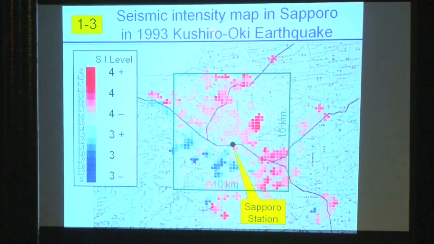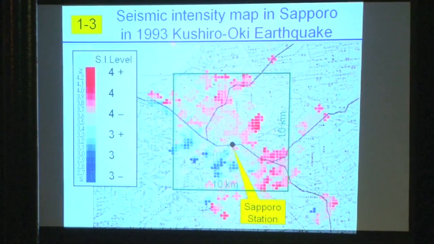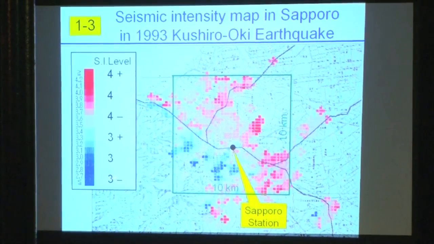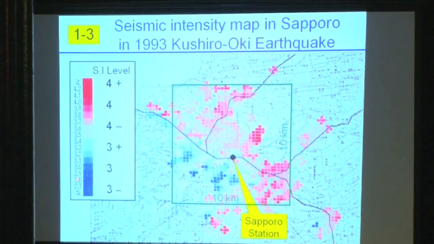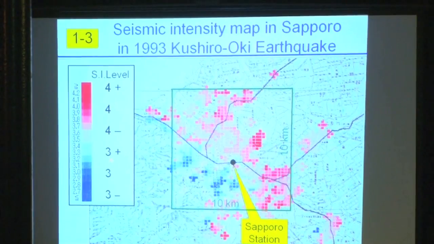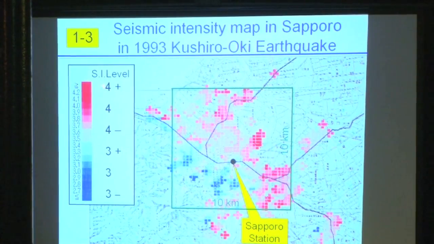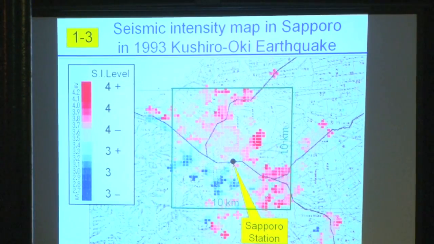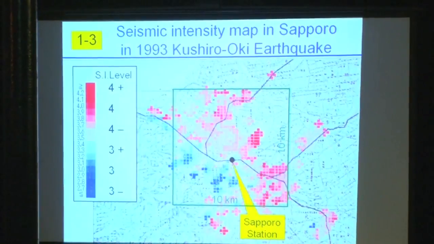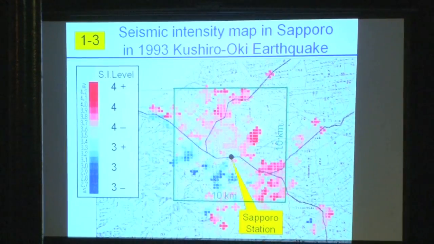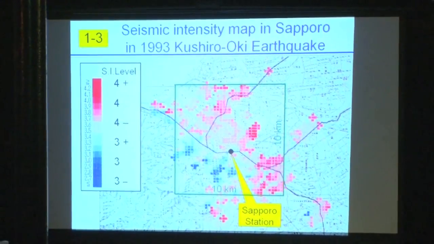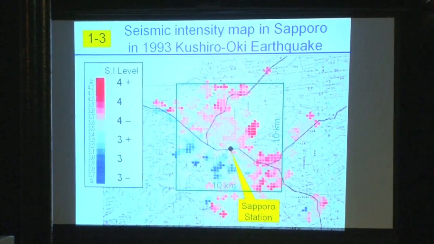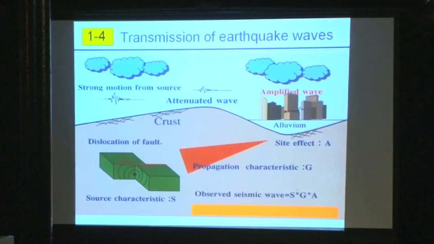The seismic intensity observed in the Kushiro-oki earthquake is different, from 3- in blue to 4+ in red. So we have to get the micro seismic zonation map, not the macro seismic zonation map.